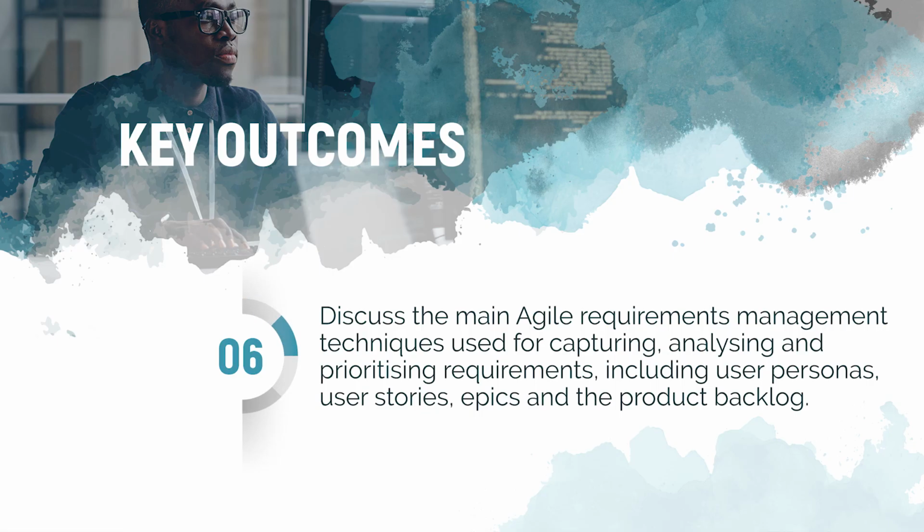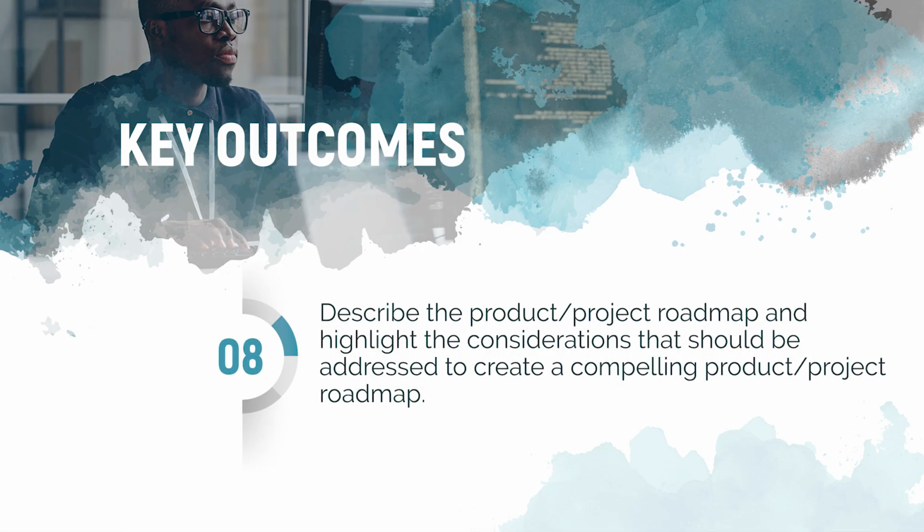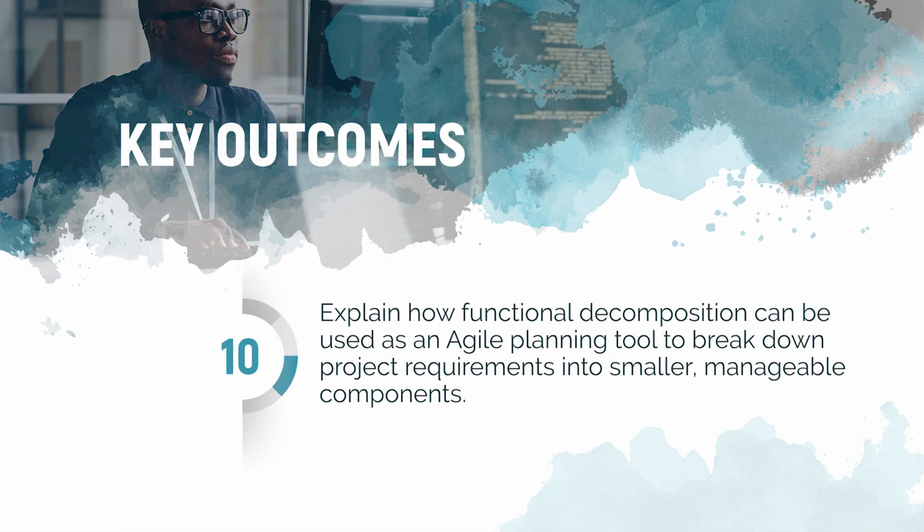Then in Learning Outcomes 7 and 8, we're going to look at the project vision, as well as the project roadmap, then conclude with a feasibility assessment by looking at the exploratory 360 assessment, and then look at functional decomposition as an Agile planning tool.